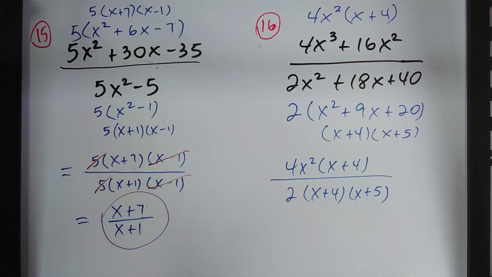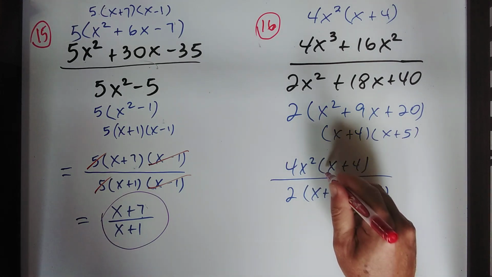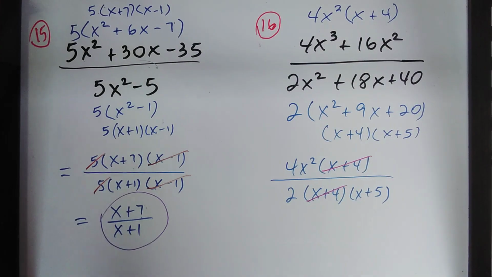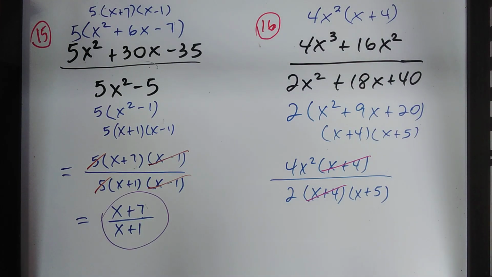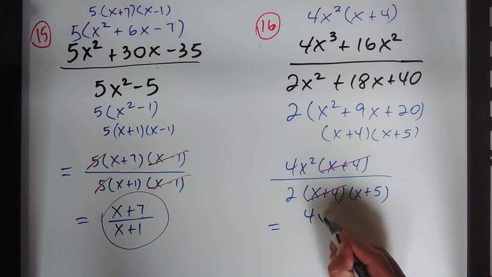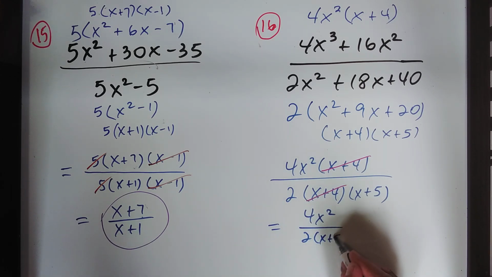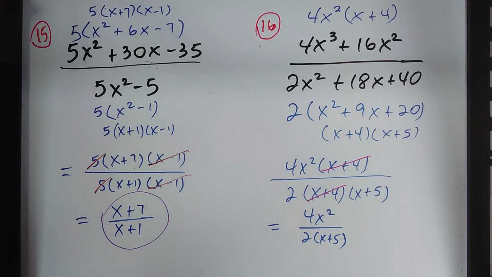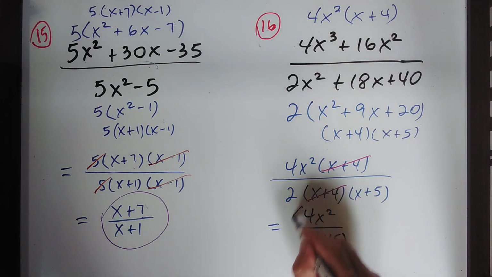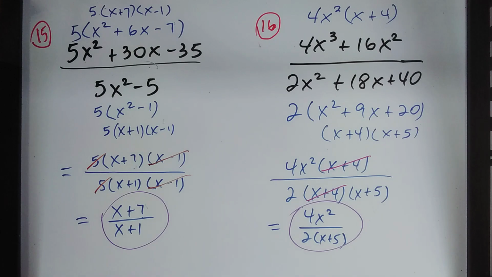You notice that we have x plus 4, the same factor top and bottom, so I just take them out, and whatever is left could be my answer. So the final answer would be 4x squared over 2 times x plus 5, and that would be my final answer. Okay guys, that's it for now.